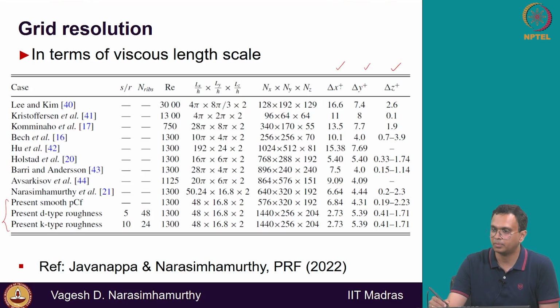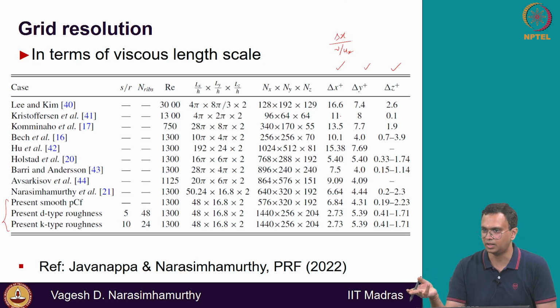That means your mesh in viscous scaling, that is delta x by your viscous scale nu by u star. So y plus is essentially your u star y by nu, right? That y was the length, that is replaced with the delta x. This has to be looked at every grid point. It's not like at one location you see and it is qualifying as DNS. It's a 3D volume. Everywhere it should qualify the criterion.